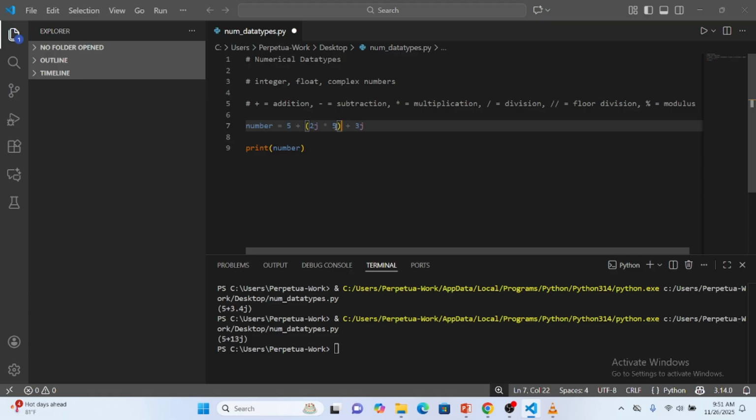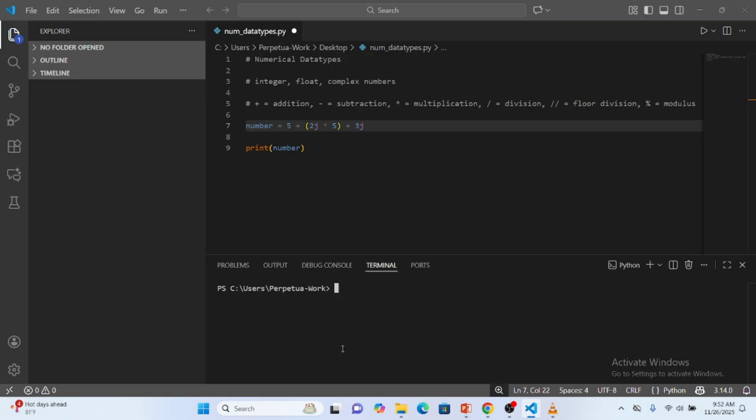So it is going to give us 10j because 5 multiplying 2j is 10j, right? And we are now going to add whatever we have left as a single complex number to the 10j. So 5 plus 3j plus 10j is going to be 5 plus 13j. So this is how the basic operations on complex numbers go.